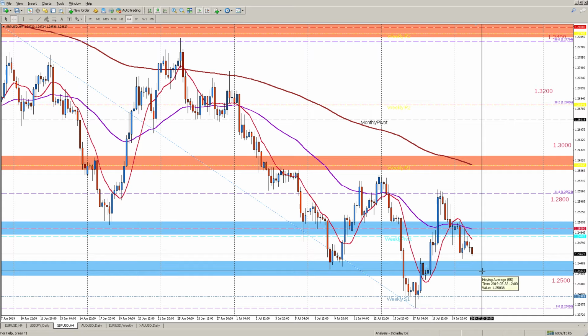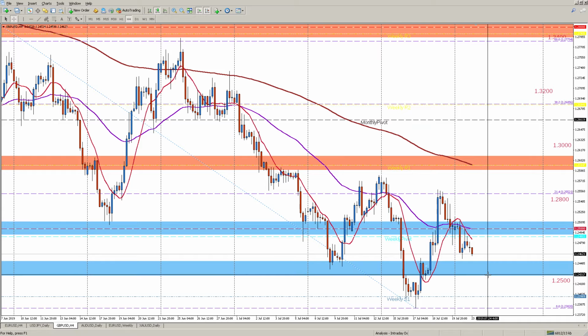This level here is going to be a key support at 124.30, and we'll look for any bounce potential from there back up to the weekly pivot at 124.88.